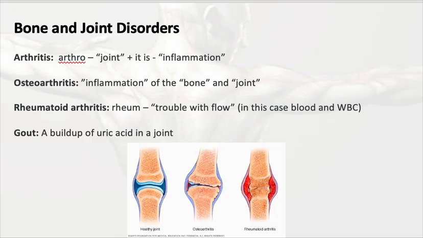Now, before I get into the different types of joint disorders that largely surround arthritis, let's talk first about what is inflammation. We know inflammation is associated with swelling or redness, for example. But inflammation is your body's defense response. It happens when your body detects something that it thinks is foreign or a problem, like damage or infection or something abnormal.